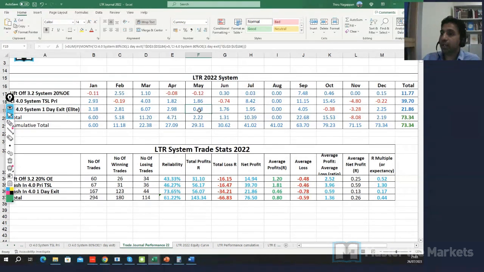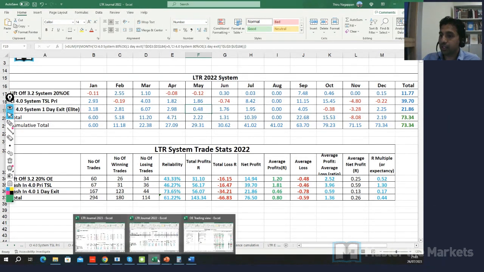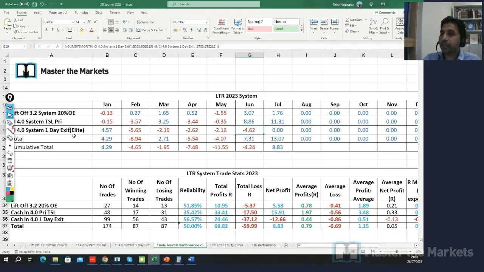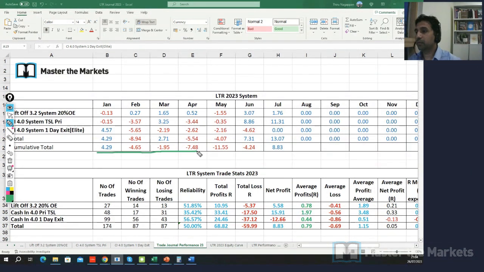So, when you take a look at this 2023 over here, you can see the first month was profitable, next month was negative, and then March, and then after that, April, May was negative as well. So, in fact, if you look at the cumulative, we were actually negative for a good 4-5 months, were we not? After the first month being positive.